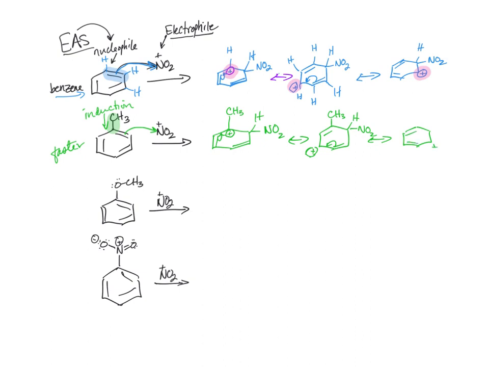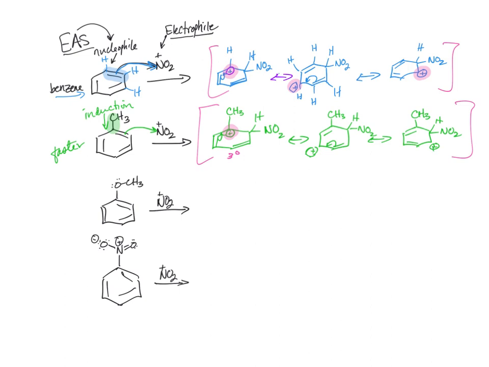We'll put that right here, plus charge, H, NO2, and the CH3. So those are 3 resonance forms just like above, but notice that one of those resonance forms is a bit more stable because it's a tertiary position. And so the overall energy for these resonance forms is lower than the overall energy for the first set of resonance forms.